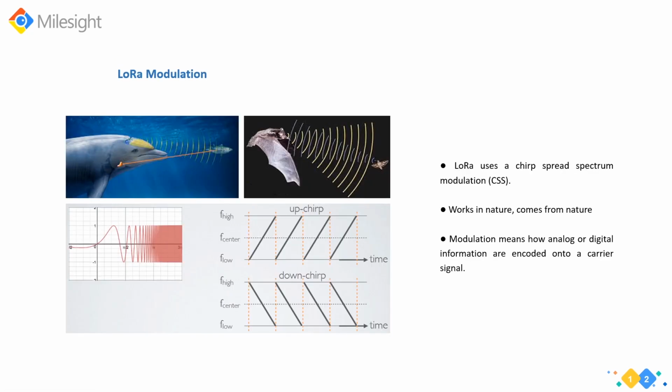And as we all know, LoRa uses chirp spread spectrum modulation. Modulation means how analog or digital information is encoded onto a carrier signal. Actually, this chirp spread spectrum modulation is also used by some animals, such as whales, dolphins, and bats, for how they communicate with their friends or families, and how they hunt their food or prey.